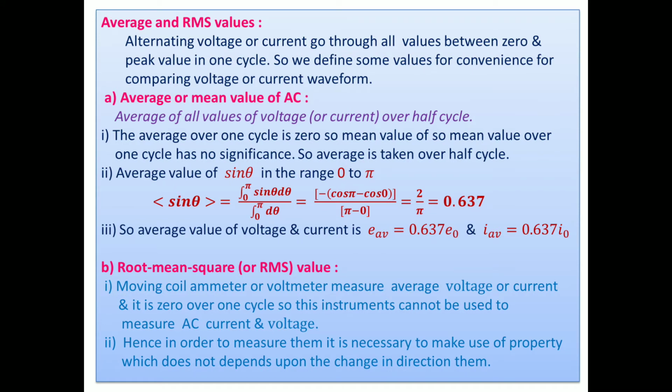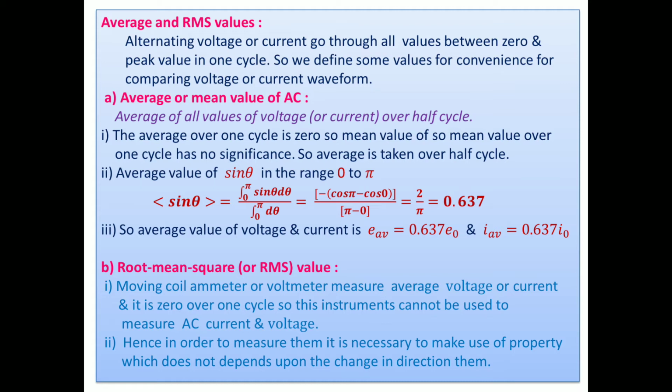Thereafter, we go through another term, root mean square value or RMS value. We know that a moving coil ammeter or voltmeter measures average voltage or current. Ammeter measures the current and voltmeter measures the voltage, and they measure the average value.